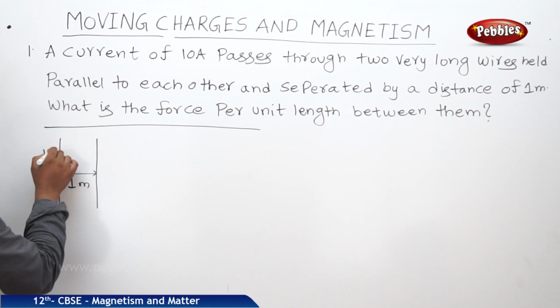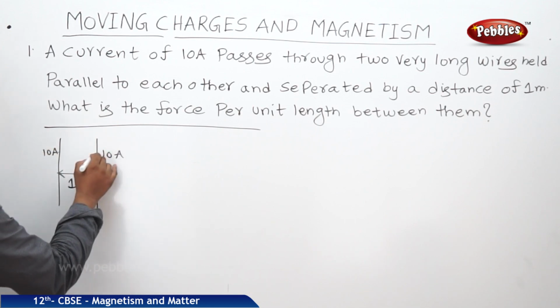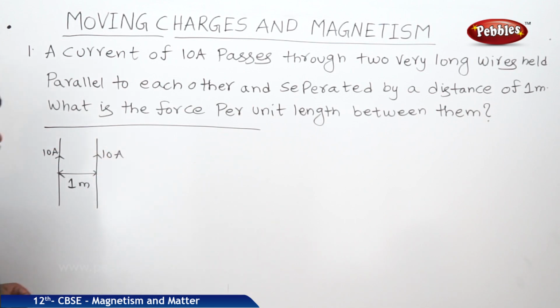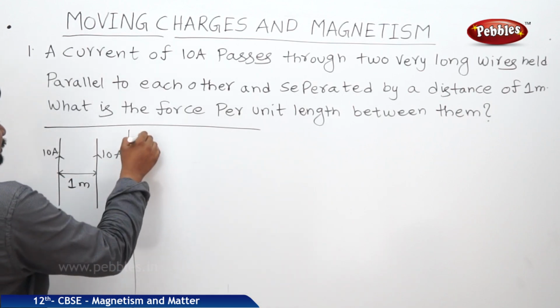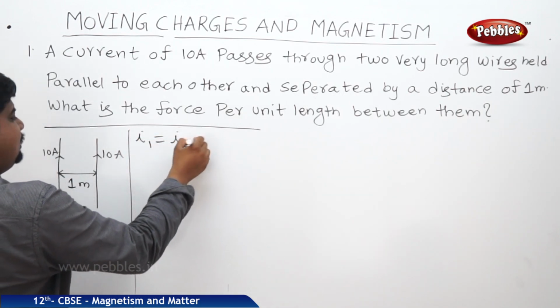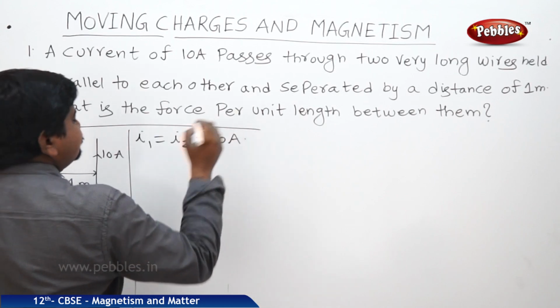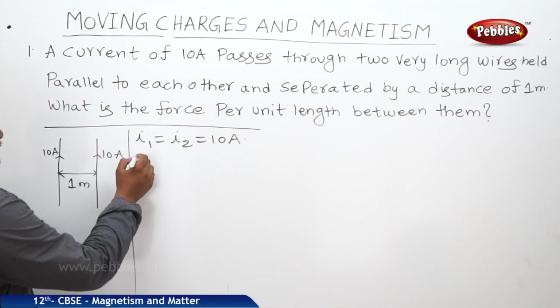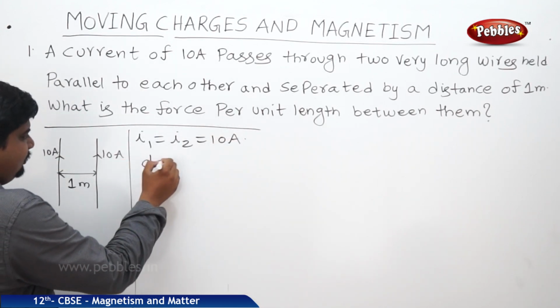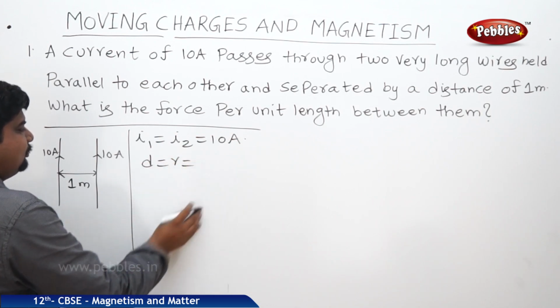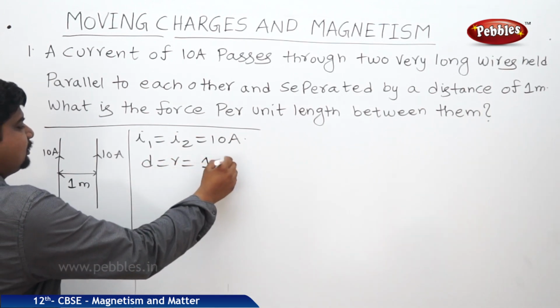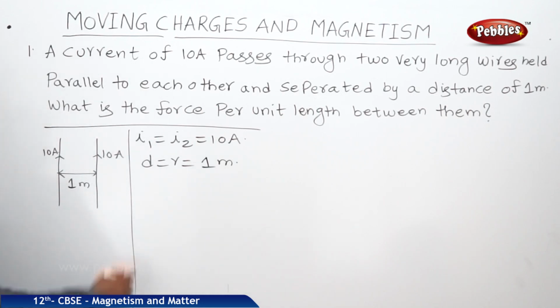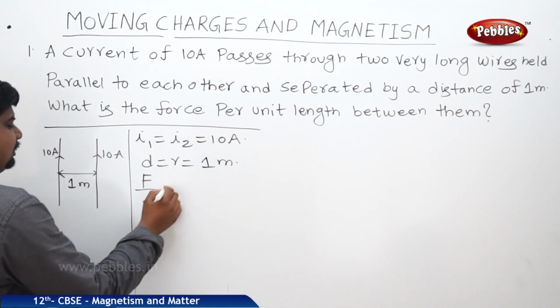So I1 is equal to I2 is equal to 10 amperes. The distance between them, D or R, is equal to 1 meter. We should find out the force per unit length.